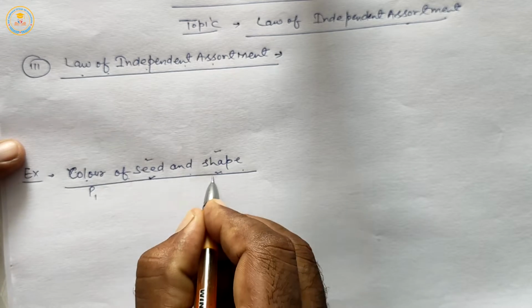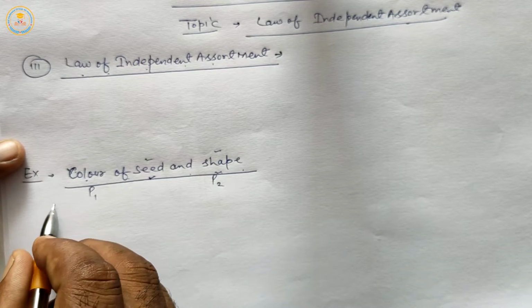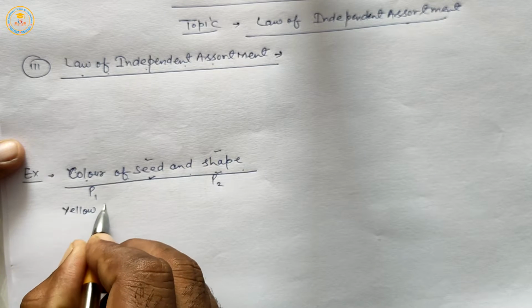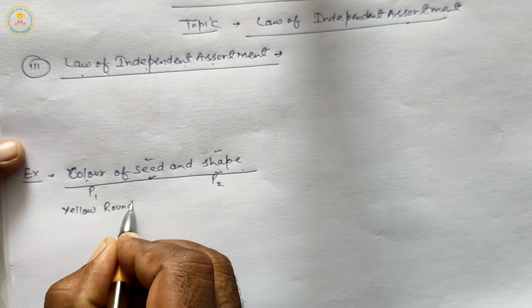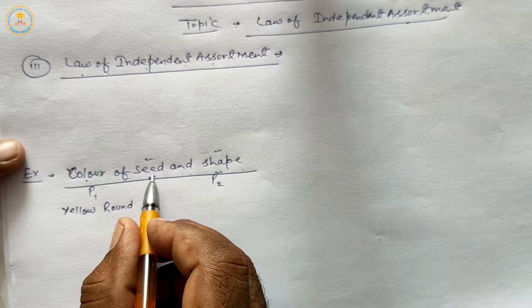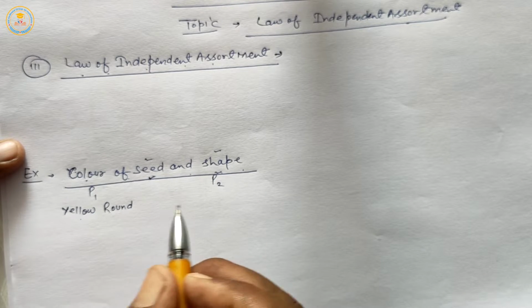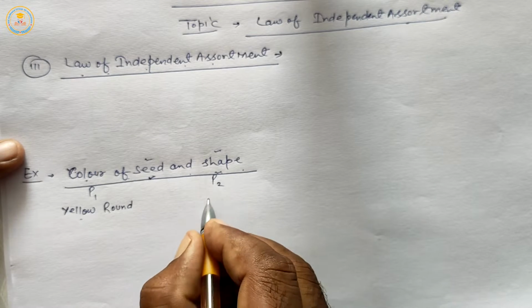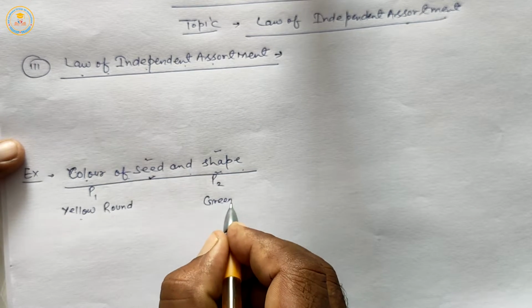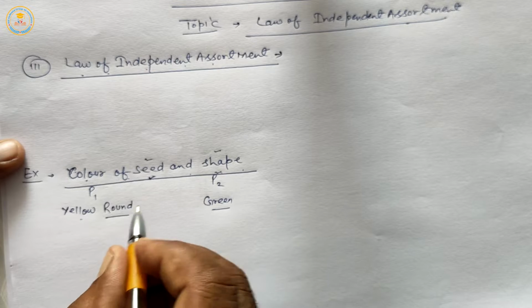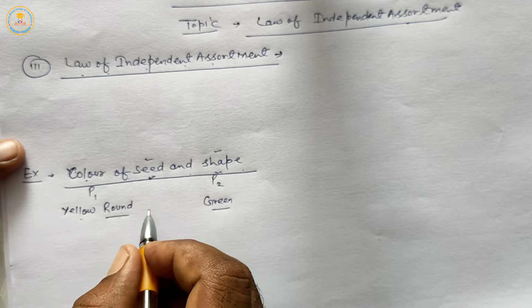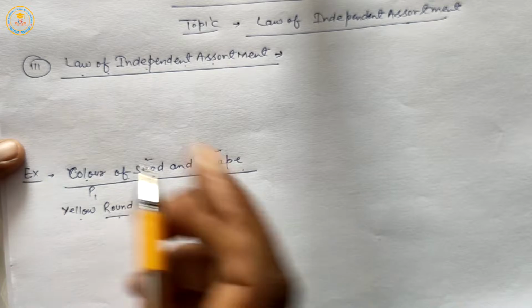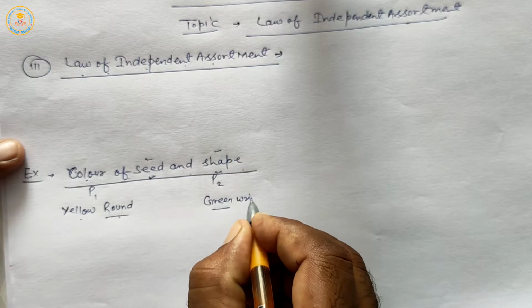First is parent first, parent second. Parent first is yellow round, because seed color is yellow and green of garden pea plant. Yellow is dominant and green is recessive. Second, seed shape is round and wrinkled. Round is dominant and wrinkled is recessive.